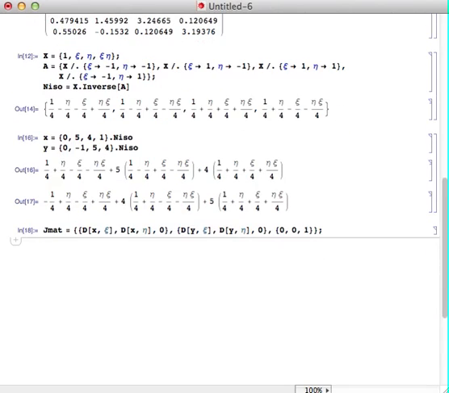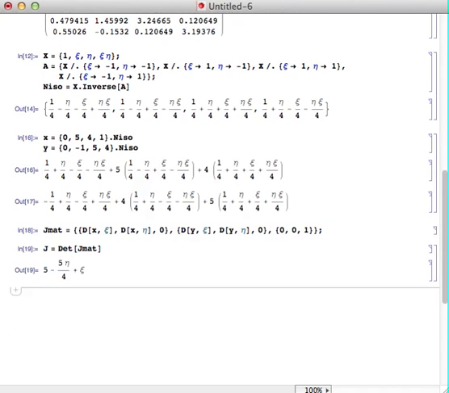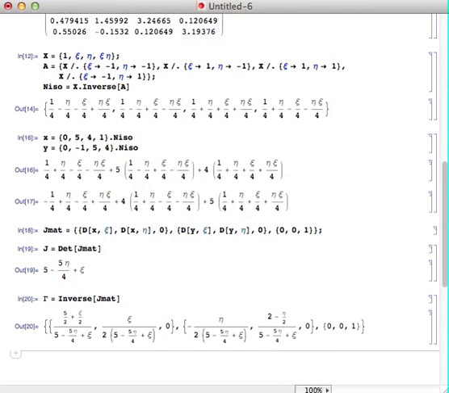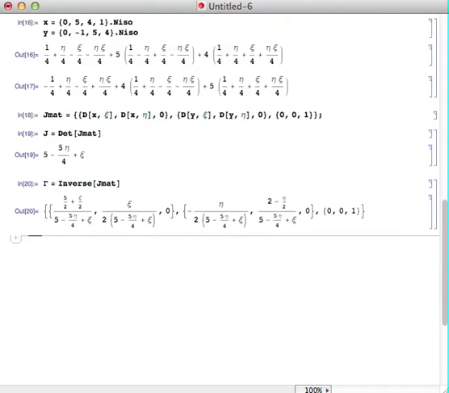All right, so that's the Jacobian matrix, and then the Jacobian J is what? Okay, so that's that. All right, we also need gamma, which is what? So now we have that.